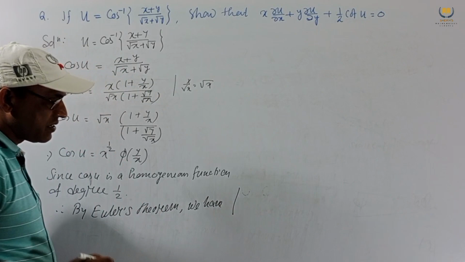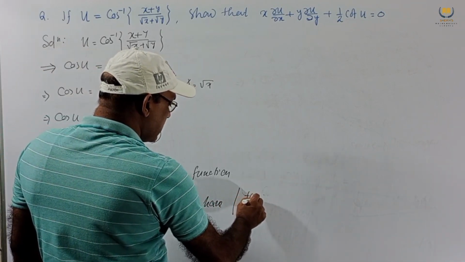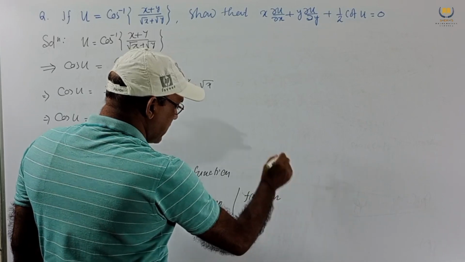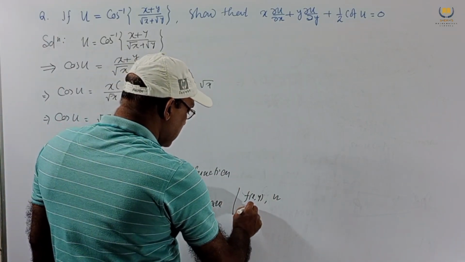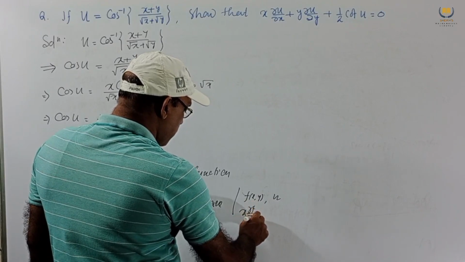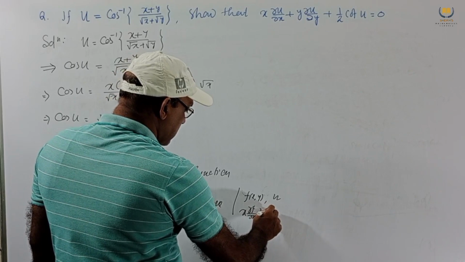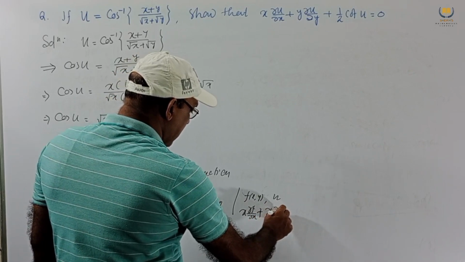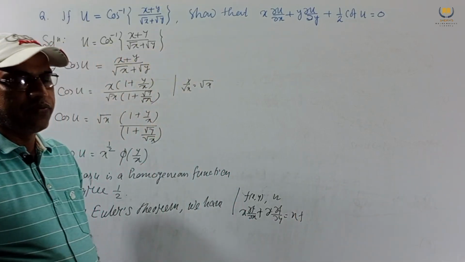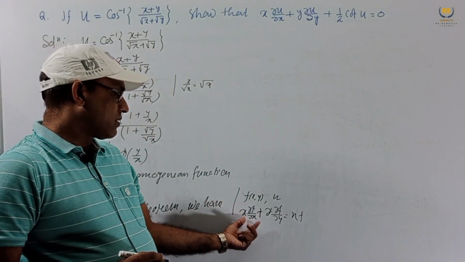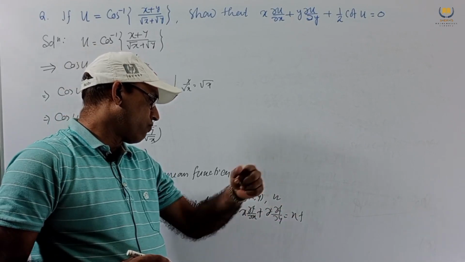Now, what is Euler's theorem? I recall this. If f of x, y is a homogeneous function of degree n, then if we differentiate partially with respect to x and multiply by x, plus y ∂f/∂y, we get x ∂f/∂x plus y ∂f/∂y equals degree into function.